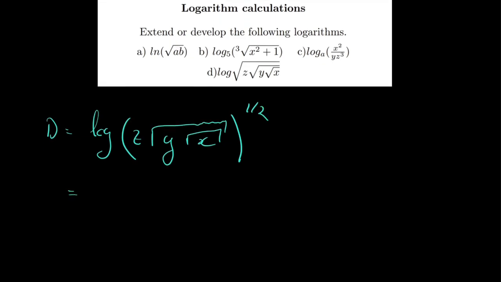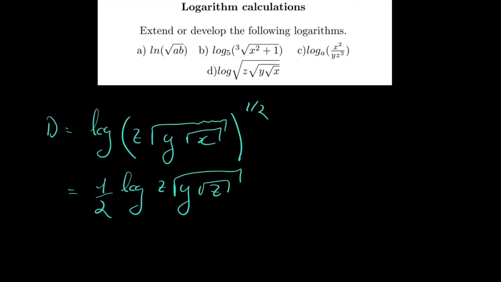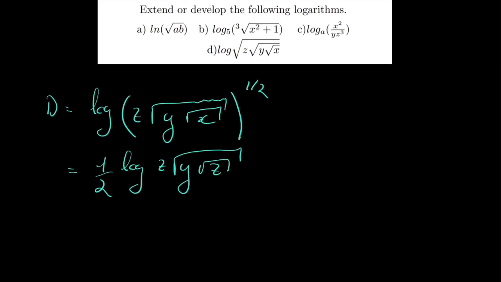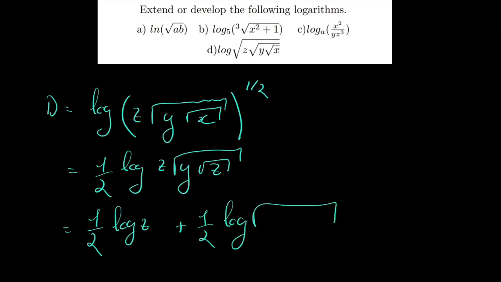And so this thing is equal to 1/2 log of z square root of y square root of x. Okay, now we can develop this as saying that it's equal to 1/2 log of z plus 1/2 log of square root of y square root of x.